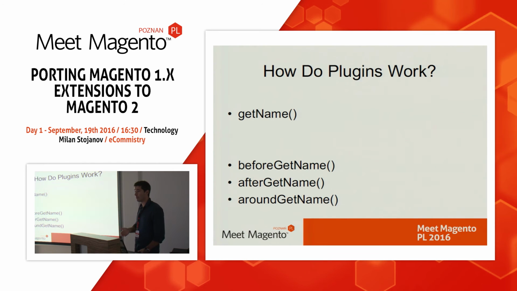If you need to add some bit of code after the original method is called, you can use afterGetName. And you also have that around hook at the bottom, which is used as a replacement for the original method. So this aroundGetName will be executed at the same time as the original method is executing, so you can simply replace everything that you need inside.